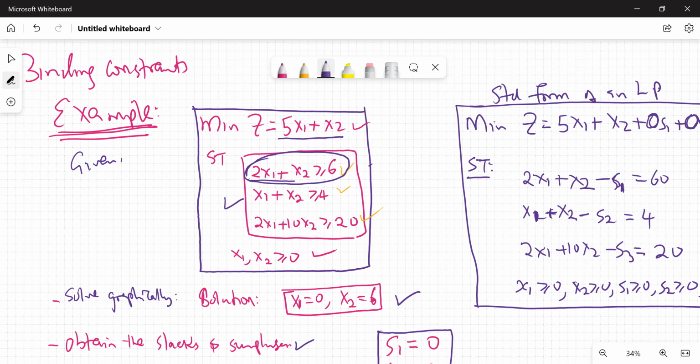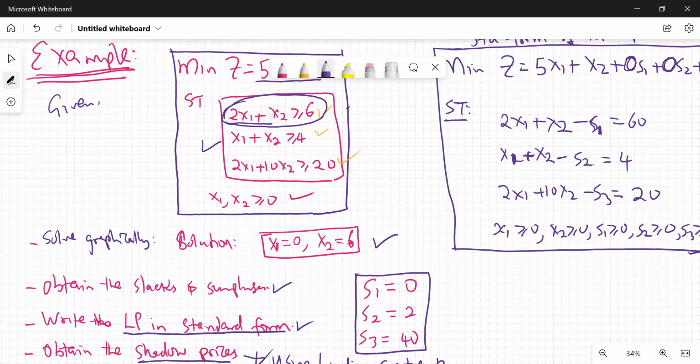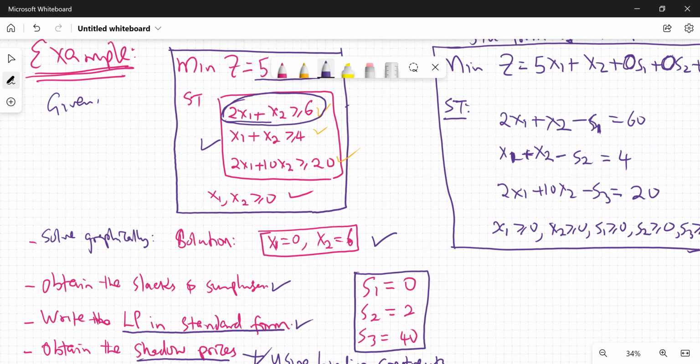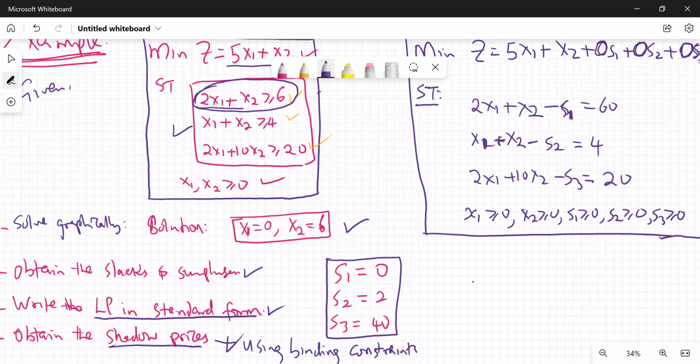What you do, you increase the right-hand side of that inequality by 1. So that means you're going to have 2x1 plus x2, then here, instead of 6, we have 6 plus 1, which is 7. Then you make it an equation like that. When you shift that equation by 1 unit, then we want to see what happens to the objective function. The difference between what was there and what we will see is what we call a shadow price.